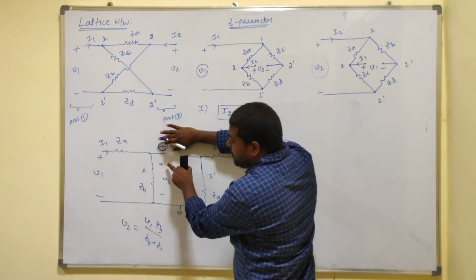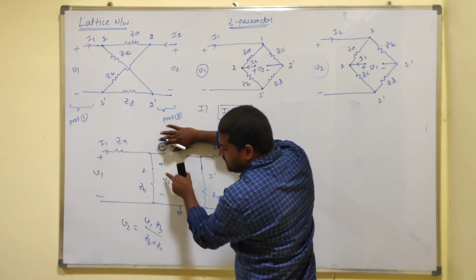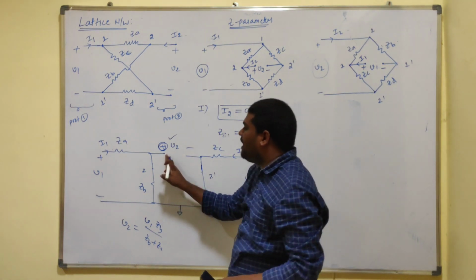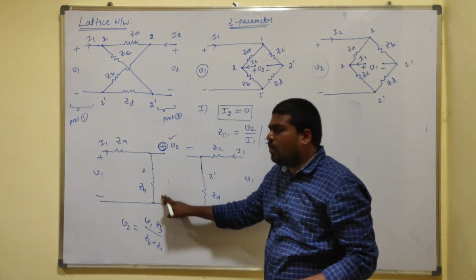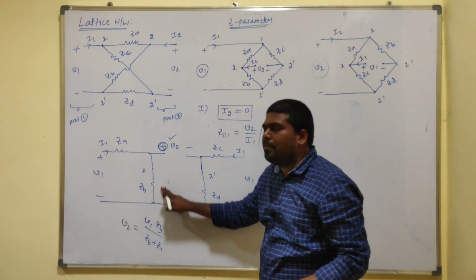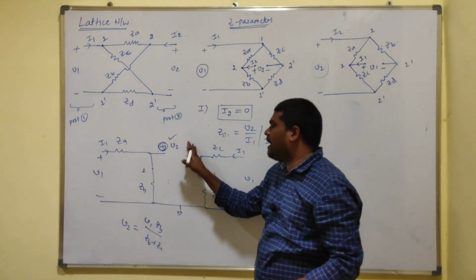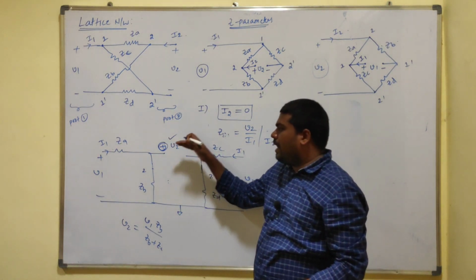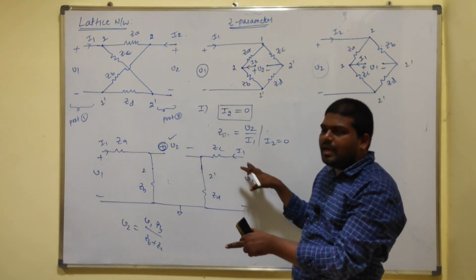Whenever V2 appears like this, with a plus minus symbol, right? But here we don't have the voltage plus minus symbol. Only the positive sign is applicable for this branch, and the negative sign is applicable for this branch. That means positive drop and negative drop are at different networks.